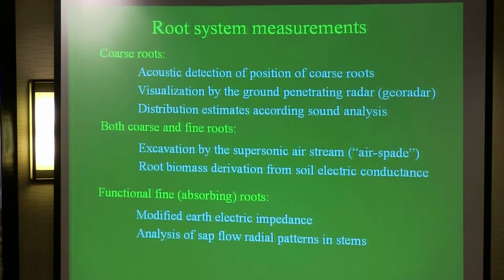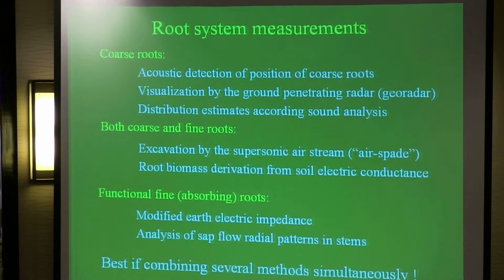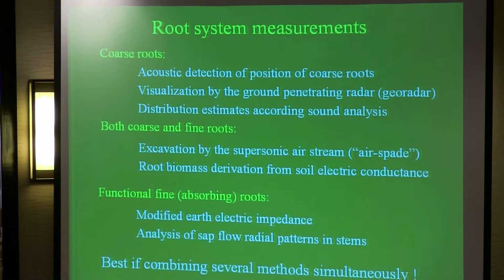Okay, then I have shown you some pictures of excavation using the supersonic airstream, and also some methods can derive root distribution using the electric conductance. We have shown it yesterday. Well, we prefer these two types of methods, which give quantitative results.